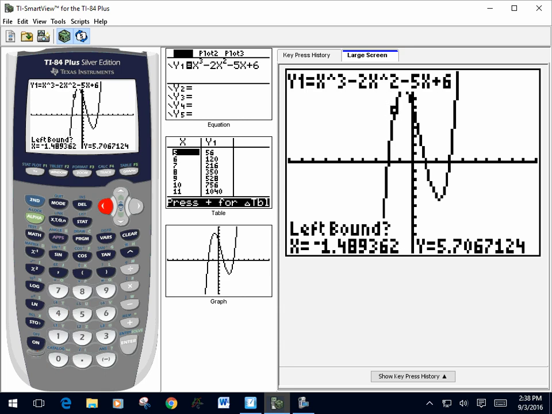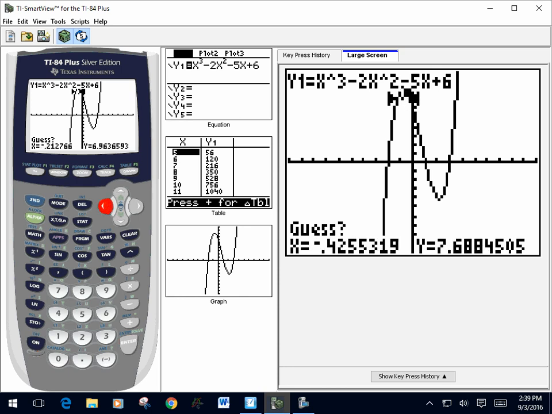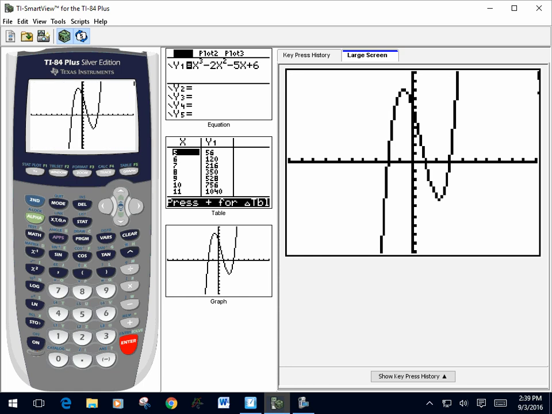So I'm going a little bit to the left of that maximum that I'm looking for, and then I hit enter. And now it's asking me for a right bound. So I want to go a little bit to the right of that maximum that I'm looking for. And then you can hit enter. And then the last thing it asks you is to guess. It just is asking you to go kind of close to that max and then hit enter again.